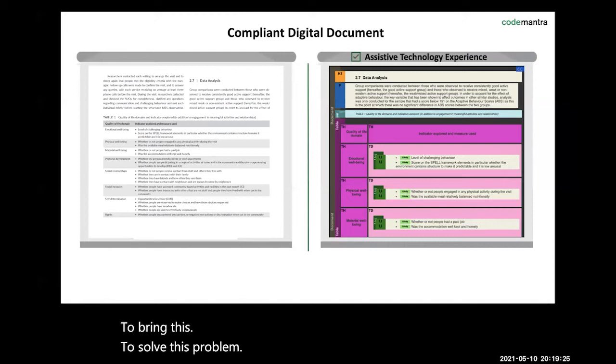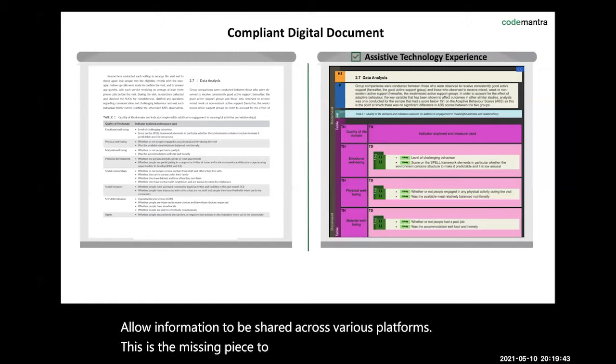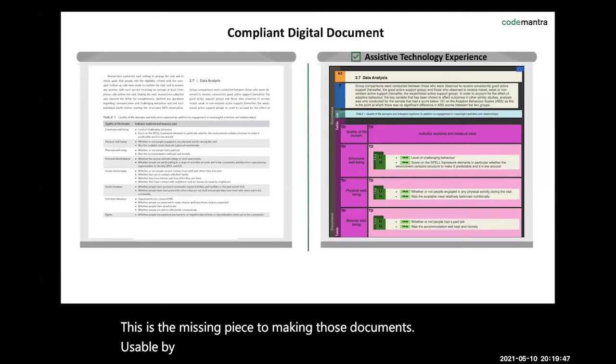Again, there are trillions of PDF documents out on the internet. It's a very dominant format. It's very good at what it does, which is to allow information to be shared across various platforms. This is the missing piece to making those documents usable by anyone, regardless of ability.